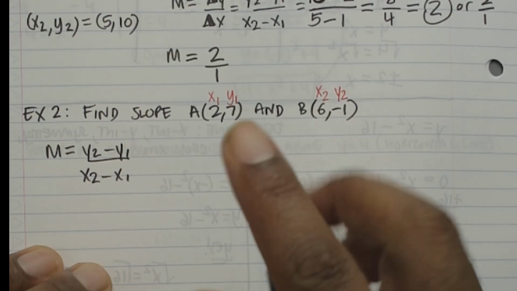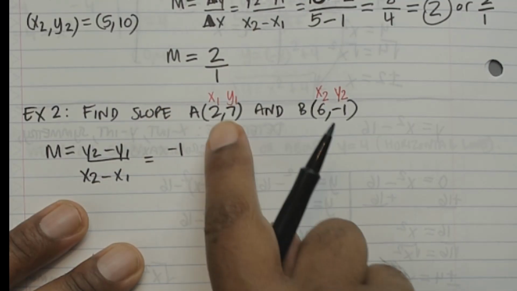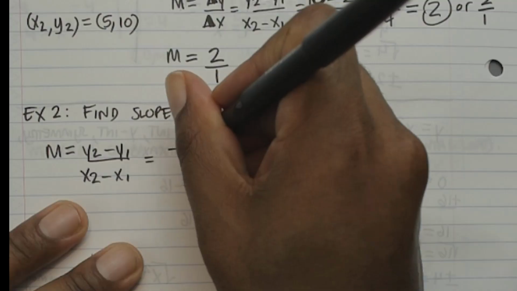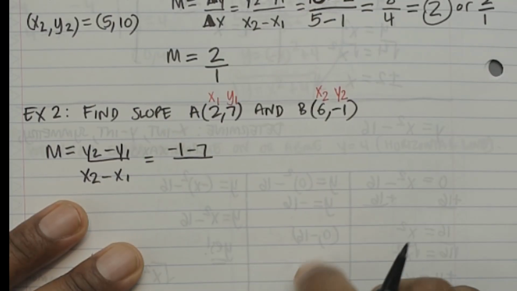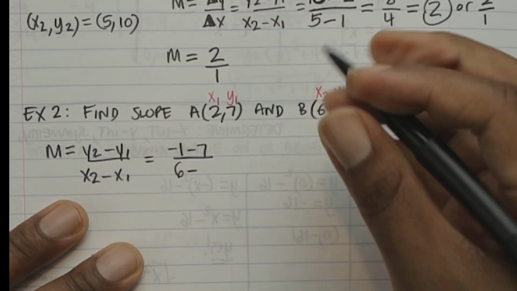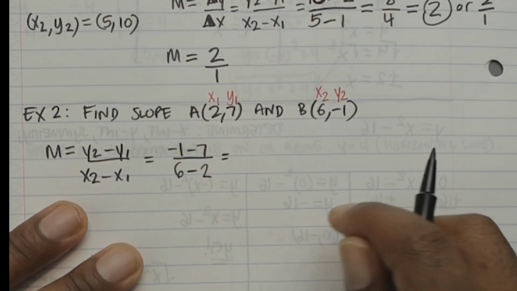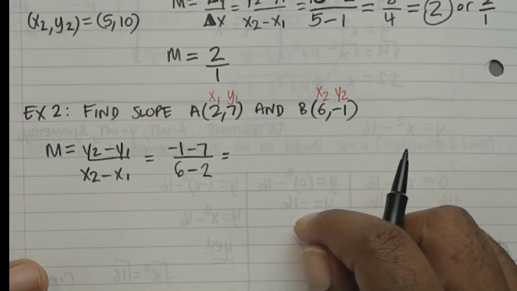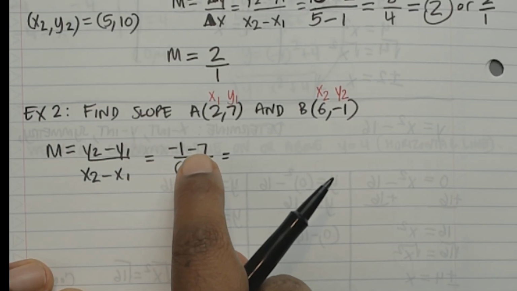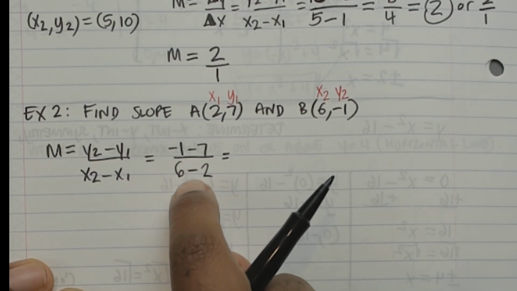So y2 is going to be negative 1 minus 7. And I'm going to divide that by 6 minus 2. Now, we need to understand that this is the additive inverse. So this is actually negative 1 plus a negative 7.